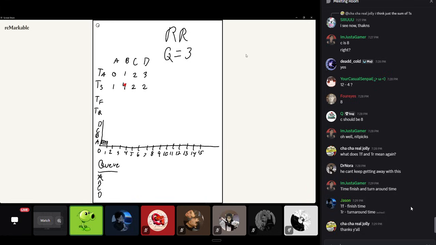So if it starts at 1 and we have TS of 4, we're going to go 1 notch, 2 notches, 3 notches. We're only doing 3 because of this queue right here. If this queue said 2, then we would only do 2 notches, right? Because this is still above 2. So any TS that's greater than Q, you only do whatever number Q is saying, essentially. And then you keep the remainder.